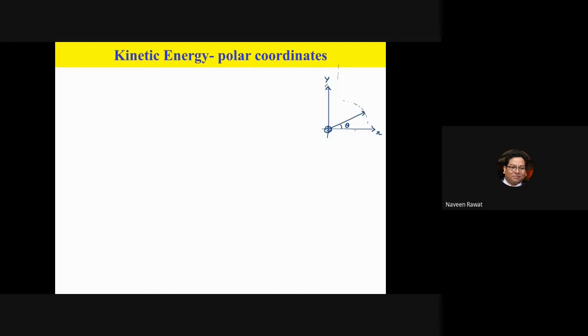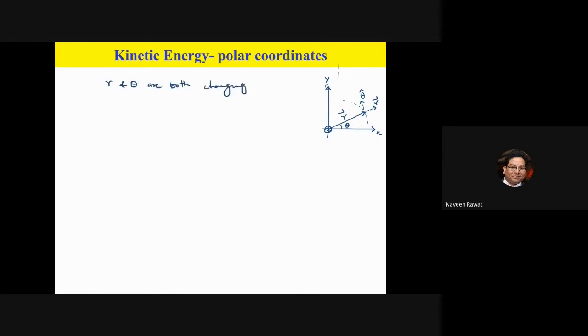In my scenario, this is the value r, and my r cap, this unit vector, is in this direction here. So r cap is the unit vector, and then theta cap is pointing somewhere like this. These values are changing, so as the mass that is present here orbits around this second mass, the value of r and theta are both changing.